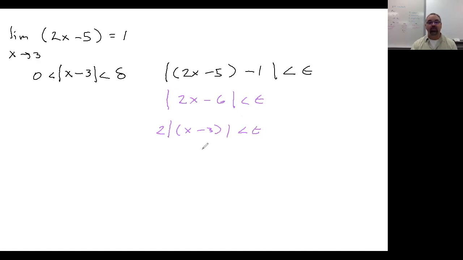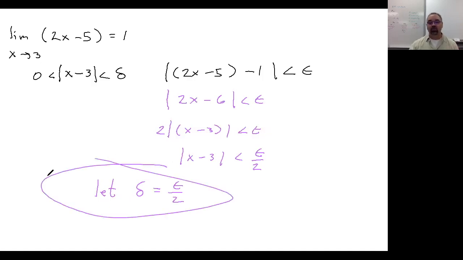If I divide both sides by 2, I get the absolute value of x minus 3 is less than epsilon over 2. But notice in the delta part, I have the absolute value of x minus 3 is less than delta. So let delta equal epsilon over 2.